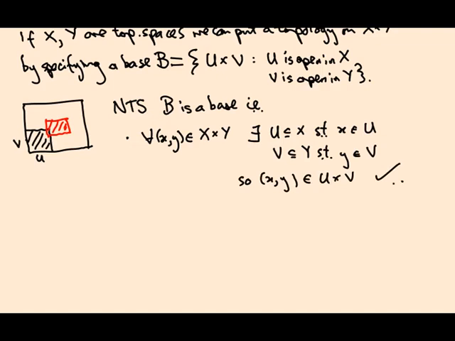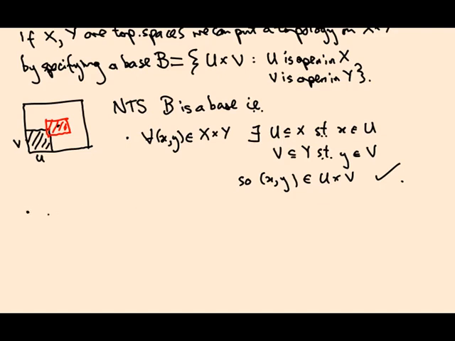That proves that every point in the product is contained in one of these basic open sets, because you project down to one factor, find an open set containing it, project the other factor, find an open set containing it, and take the product of those two.